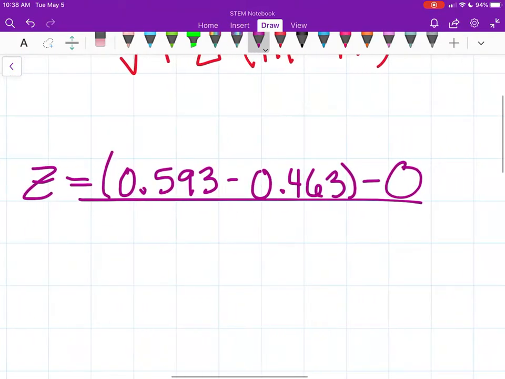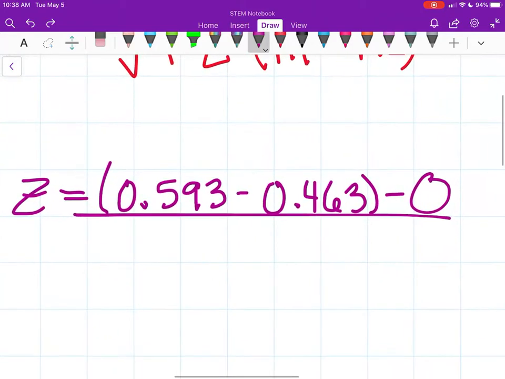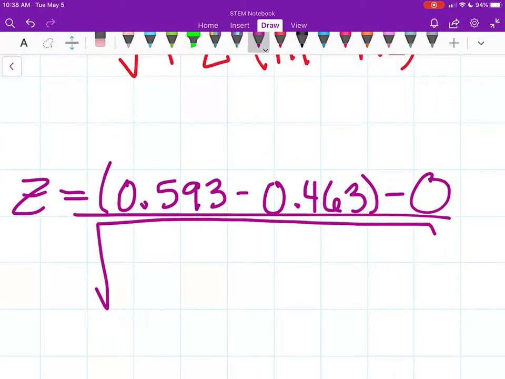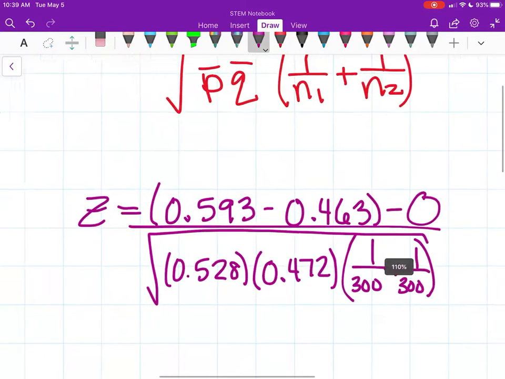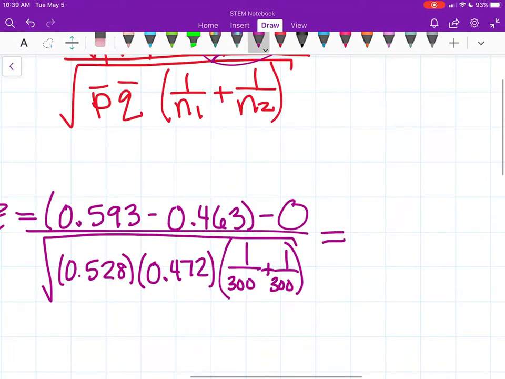Okay, now that we have those, let's finish plugging in here. And the square root of p bar times q bar, which is 0.528 times 0.472 times 1 over 300 plus 1 over 300. Let's go plug that into our calculator.